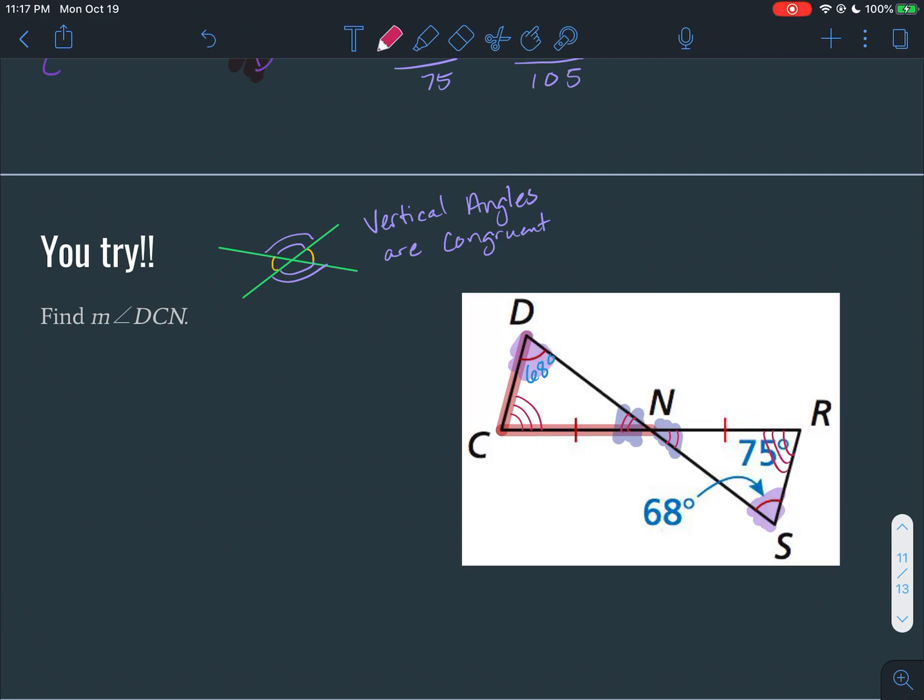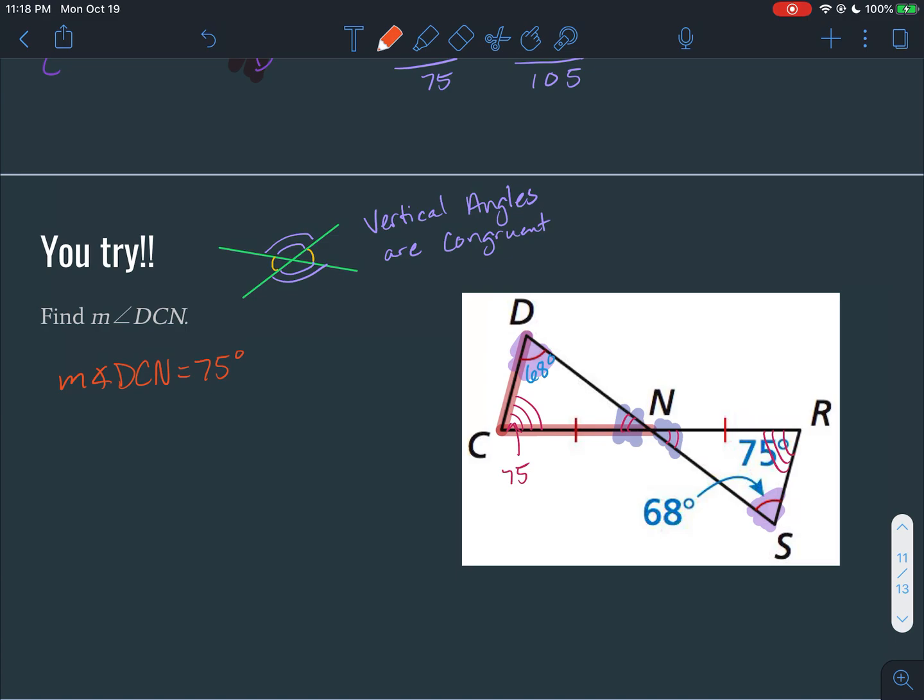So if angle R is 75 degrees, angle C or angle DCN is also 75 degrees. Okay, so the measure of angle DCN is 75 degrees without us doing a lick of math. All right, well, without us doing any arithmetic. I mean, I guess all of it's math, but you didn't have to add or subtract anything.